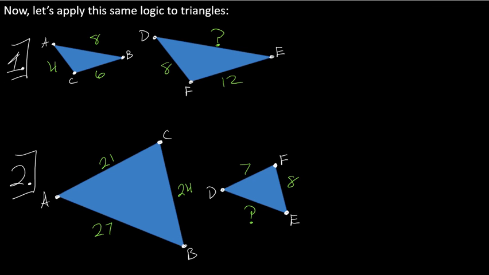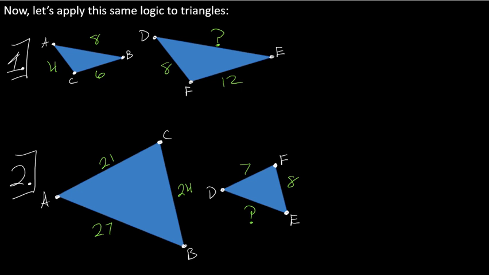Okay, so moving on, let's apply what we've seen so far to triangles. The proportionality part can come into play right now if we so choose. I'm going to show you both ways to look at this on set of triangles 1 and set of triangles 2. First, let's look at the common sense way.